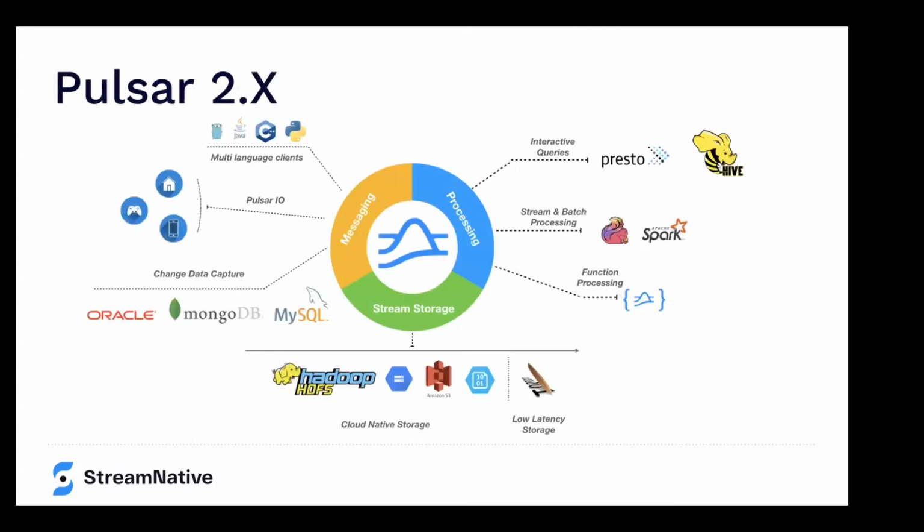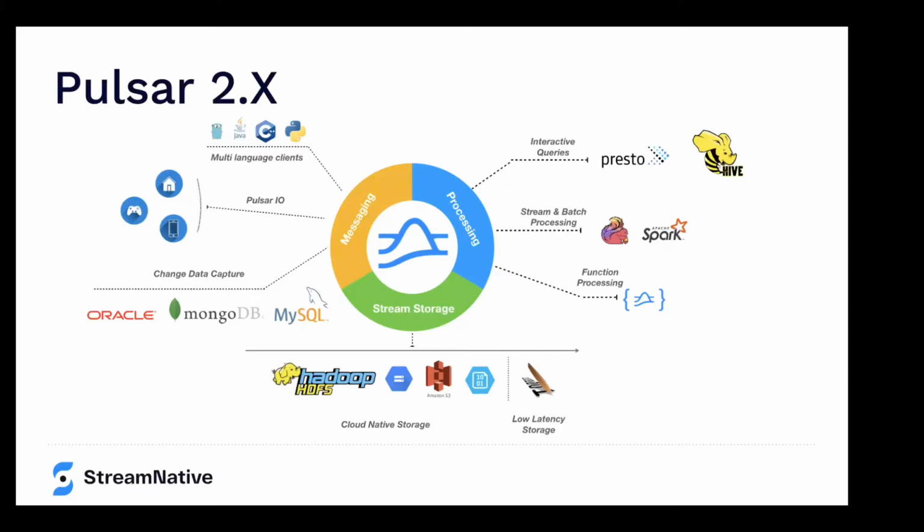Since Pulsar 2.x, we enhanced Pulsar a lot in every aspect. For messaging, we introduced the Pulsar IO framework and change data capture. For stream storage, besides the original BookKeeper storage, we also introduced cloud native storage used as the tiered storage layer.